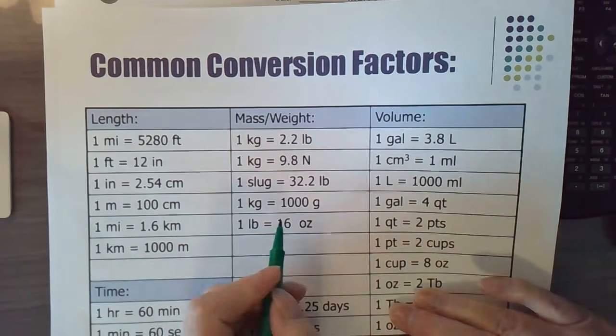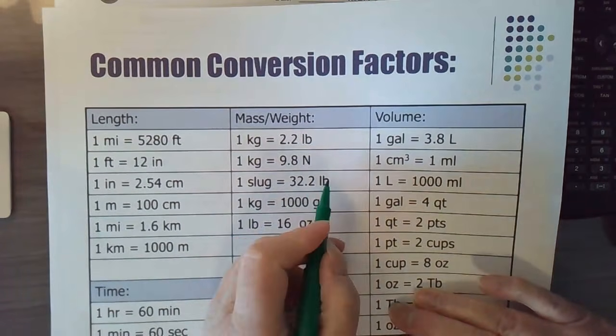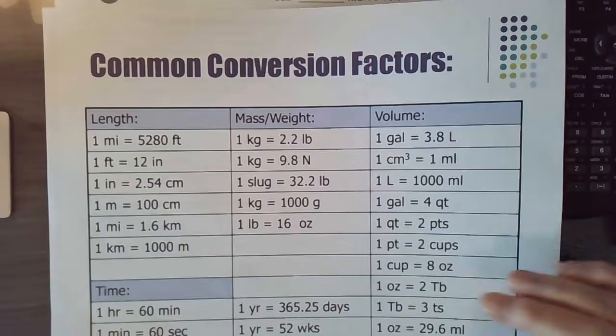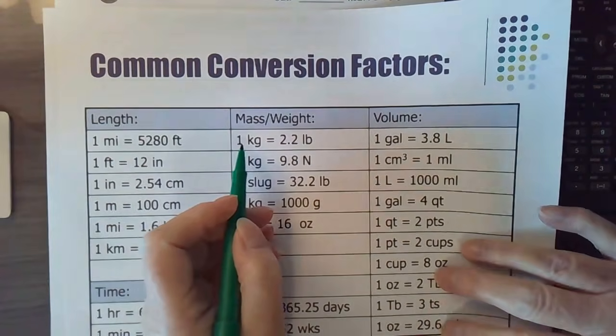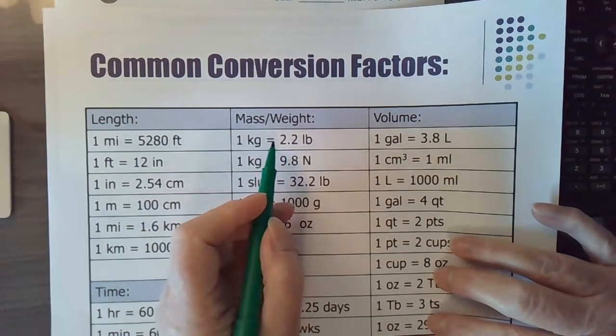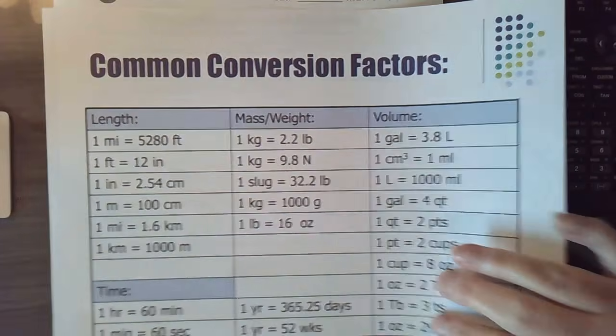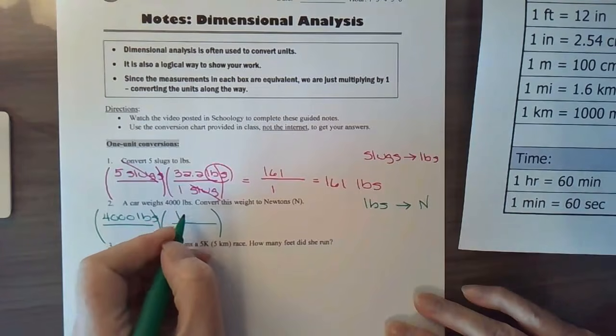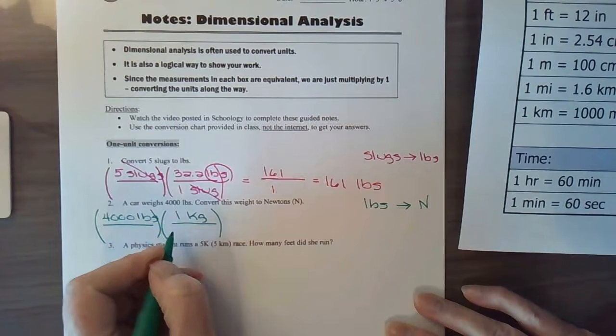When I look in this chart, none of these are pounds to newtons. So that means I can't do it directly. I'm just going to have to pick something that might help me out. How about this one? 1 kilogram is 2.2 pounds.